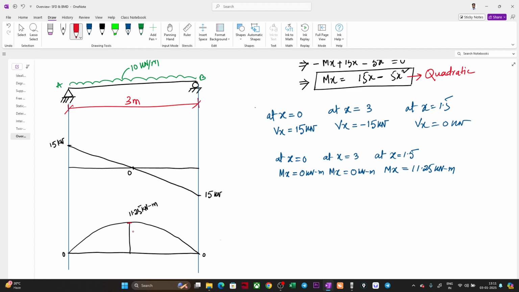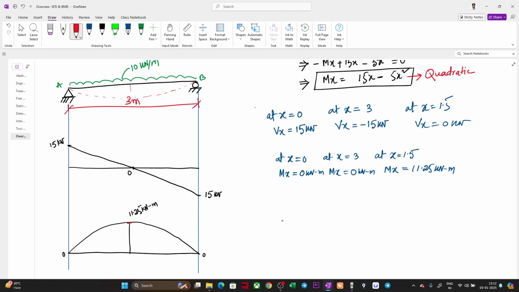So from this diagram, understanding the tension zone is not in line with the bending. Bending is happening like this. I know the moment 11.25 is actually here, but we are drawing it like this, right?